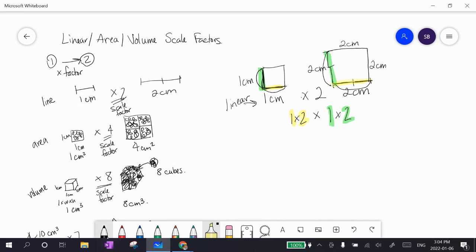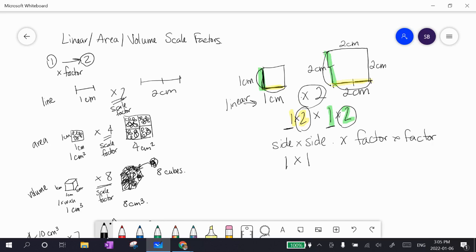What if I think about this in a different way? If I look at this as the side times the side of the original, 1 times 1, times factor times factor, because I'm multiplying the factor to each of the sides.